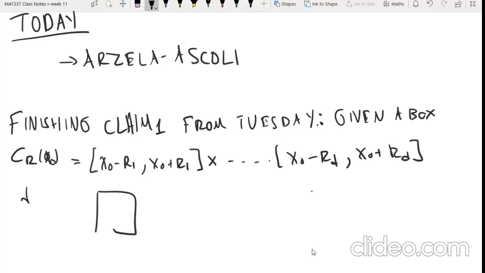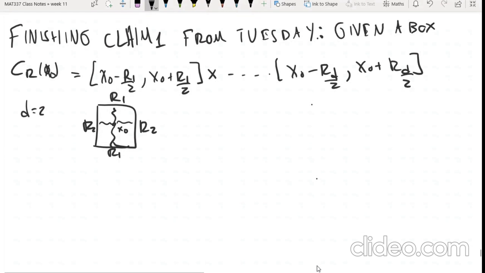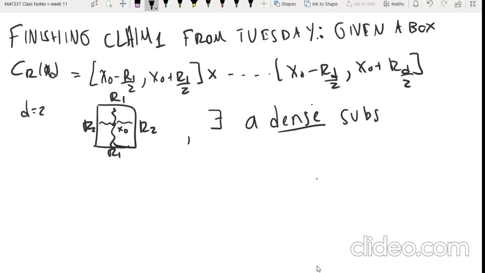So in 2D, you have X naught, and then let me put 2. And then this is R1, and this is R2. Okay. So you have a box. Then there exists a dense, we will define this, subset. I think we did this actually, it was homework 1.